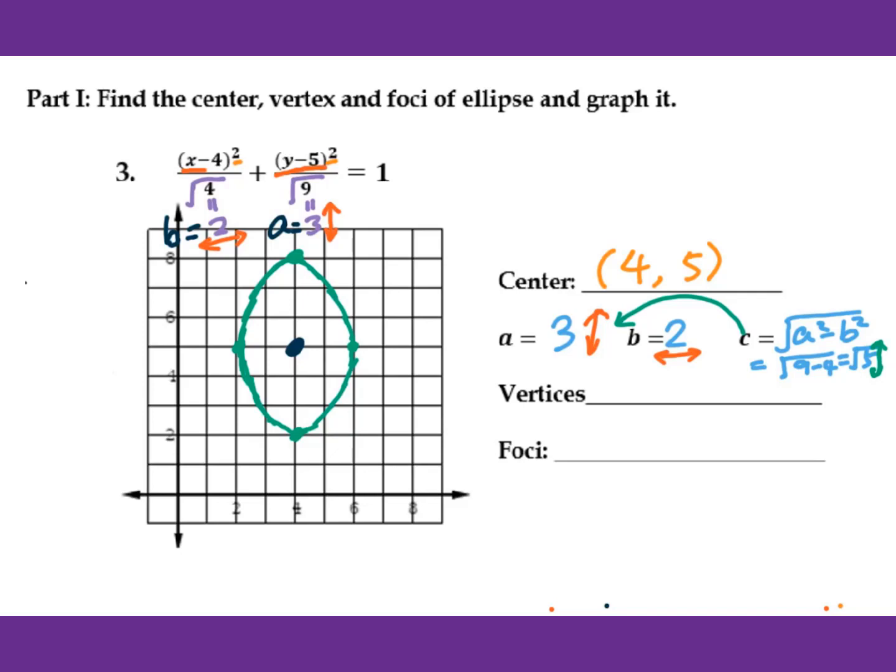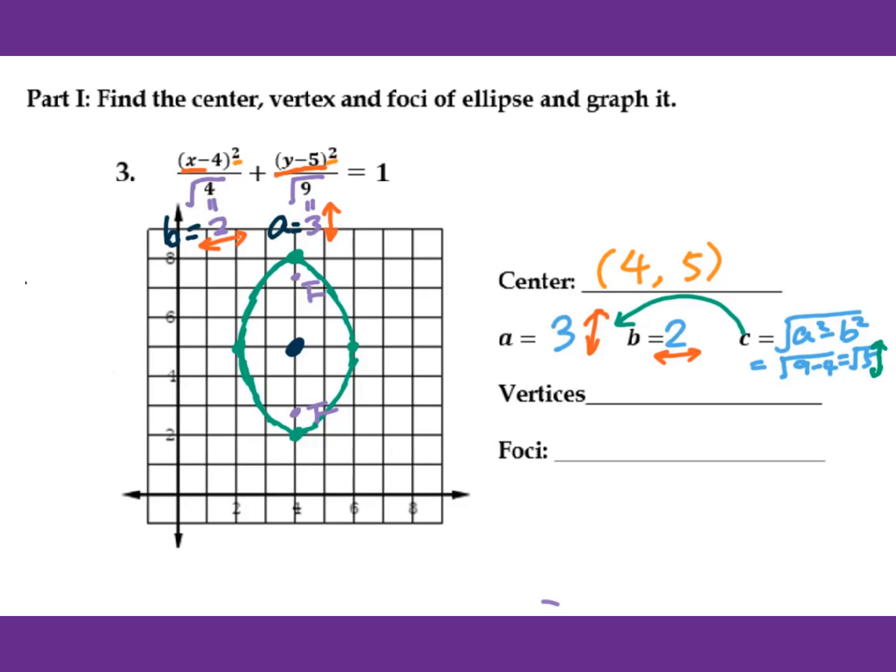For C, follow A. That's why the square root of 5, which is 2 point something, is still up and down, because your focus is on the major axis. Therefore, go up square root of 5 and down square root of 5 from the center. You will get this is your F, this is your F. That's all you need to show on the graph.